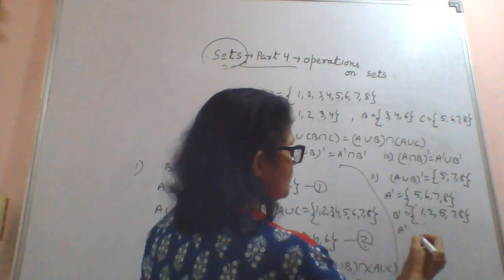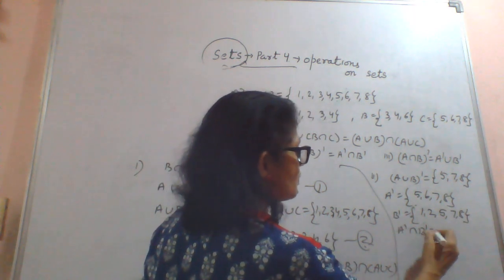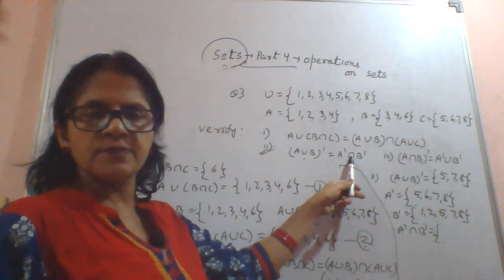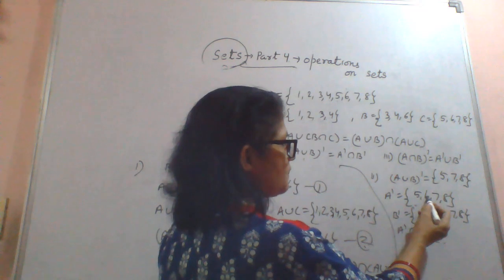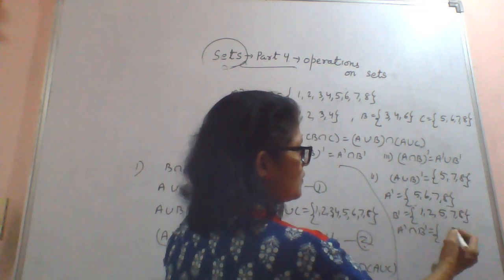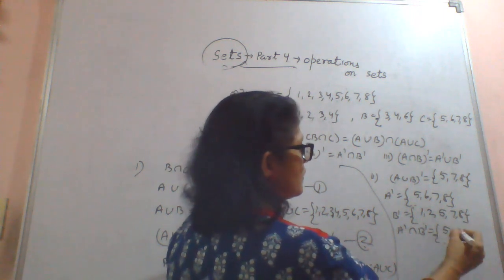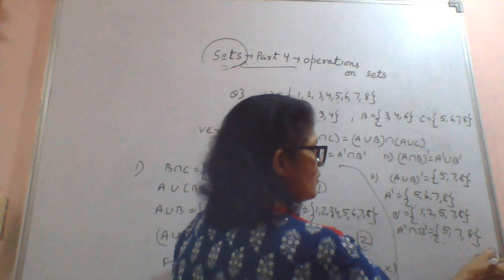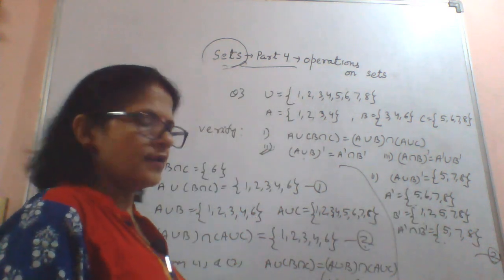Okay, A complement intersection B complement. You need this now. So {5, 6, 7, 8} and {1, 2, 5, 7, 8}, means 5 you are getting, 7 you are getting, 8 you are getting. So this is your second part, I mean RHS.